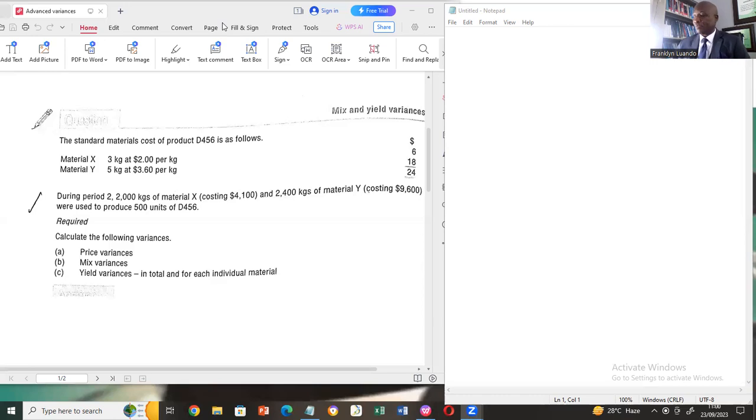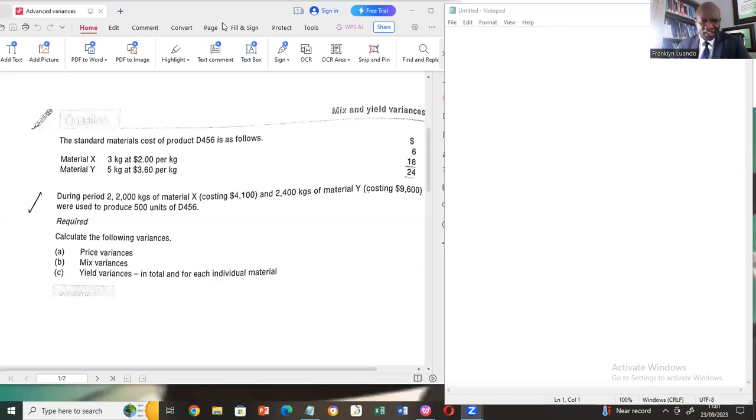So I've explained those. Now we are going to look at the calculation of these variances. So we have a question here. We have two types of materials, material X and material Y. During the period, 2,000 kilos of material X costing $4,100, and 2,400 kilos of material Y costing $9,600 were used to produce 500 units of D456 required.